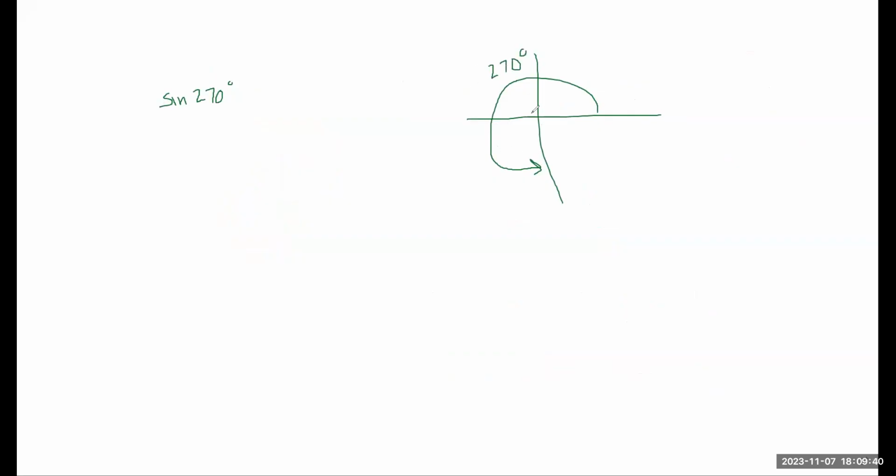It makes a sweep this way. So the initial side is the positive x-axis, which nobody seems to want to mark because I always mark the positive x-axis for you. But you need the negative y-axis down here.